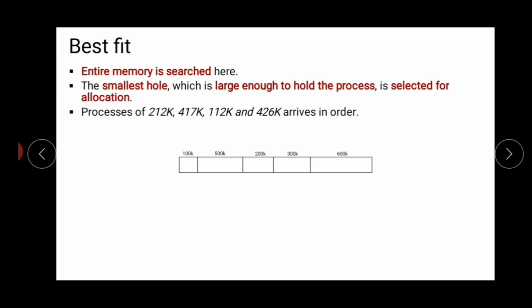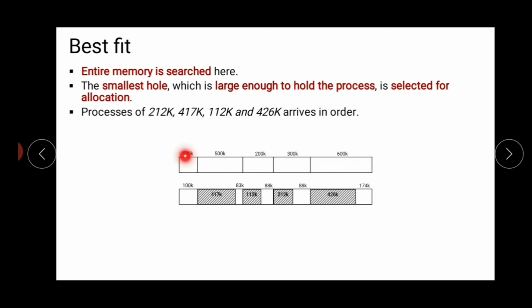So first our process, that is of size 212K, and next we see how it will be allocated. First is our 212K. The full memory will be scanned, and it will find the smallest hole which is large enough to store this process, and that is 300K, because our size is 212K.